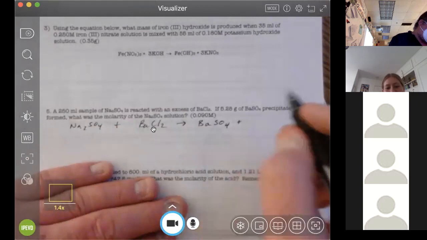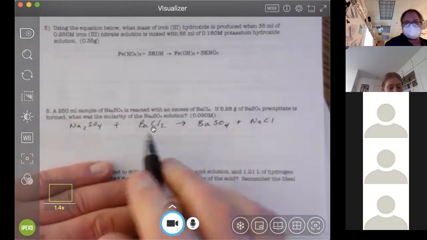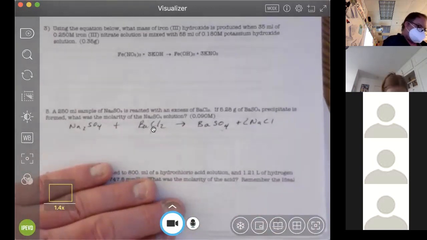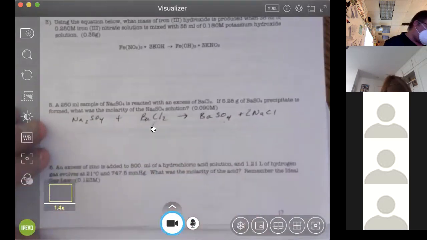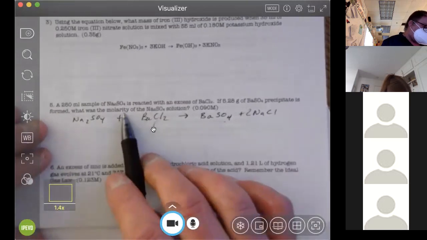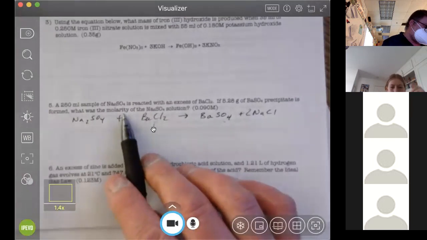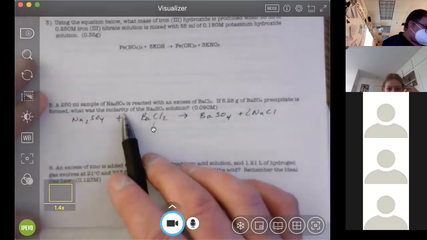Compound, compound, compound, compound. That's double displacement. We need to balance that. It says we want a molarity. How many units does that have? Two.